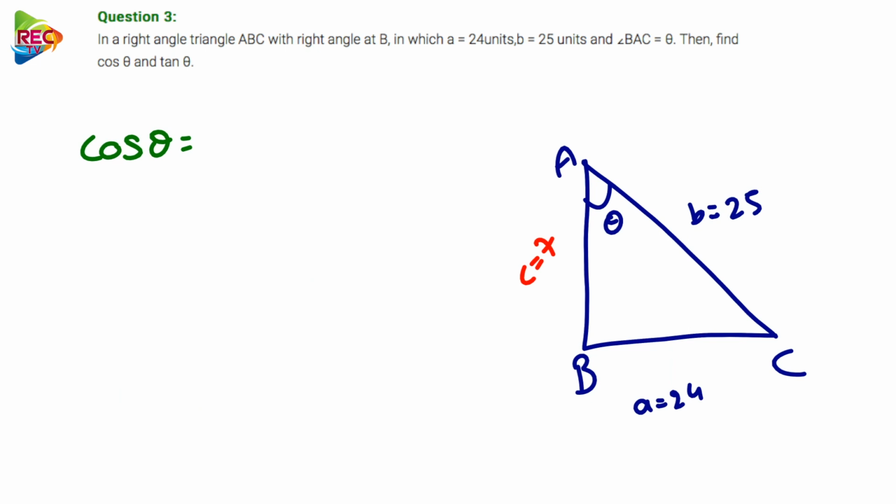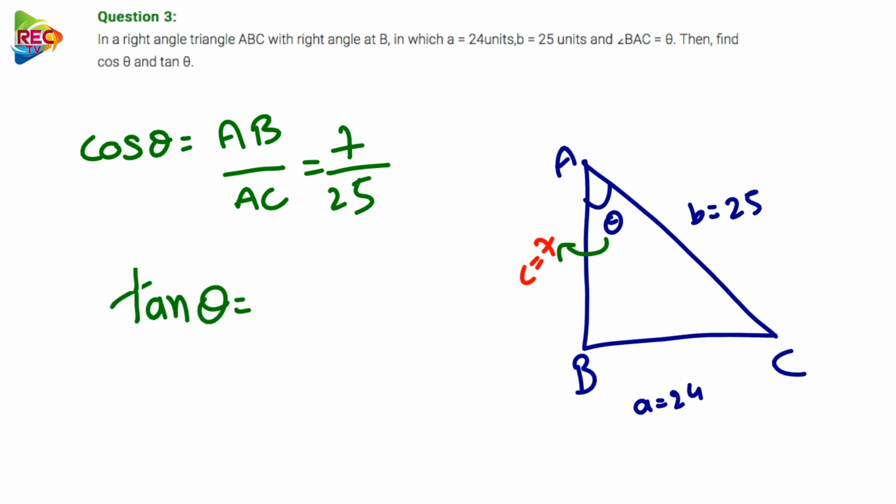The length of the adjacent side is AB, 7, by the hypotenuse AC, so that equal to 7 by 25.